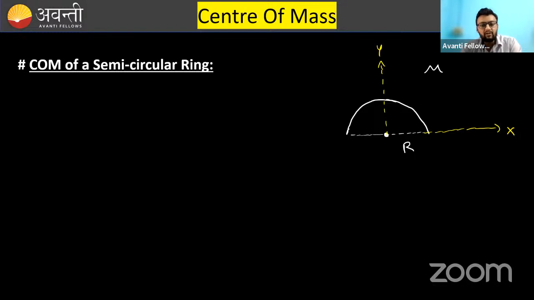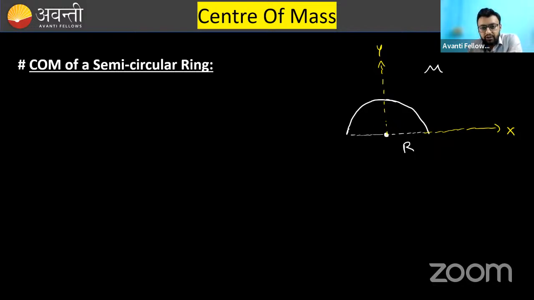Its x component will be 0. I am repeating it once again: if a body is symmetrical about any axis, then its center of mass will be on that axis only. Clear? Okay.